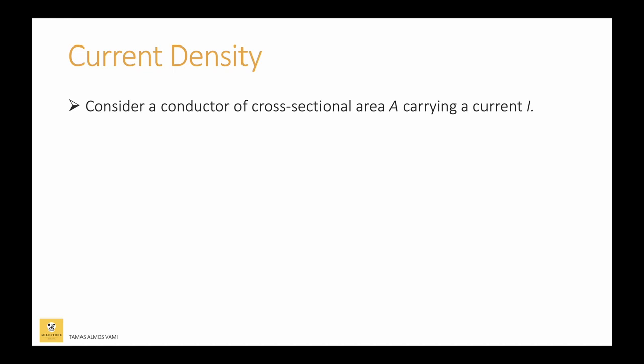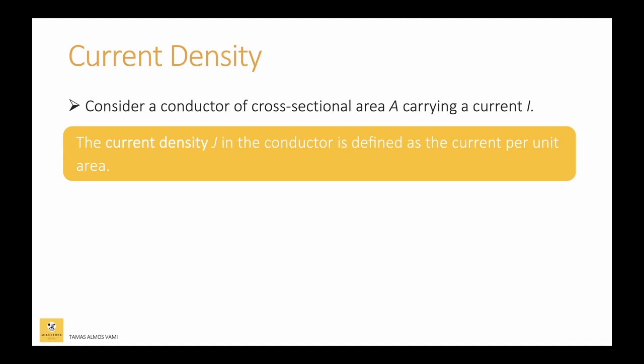The next thing to discuss is the current density. So the current density is the situation when we move from this I to the J. The current density is denoted with J, and actually that's a vector quantity. But the magnitude of J is understood as the current per area.